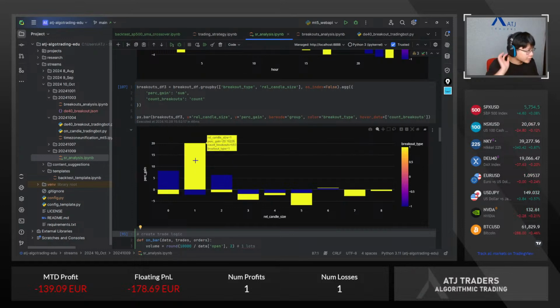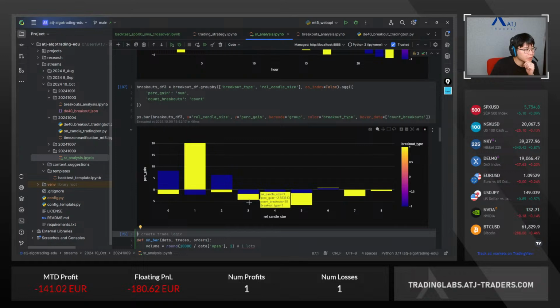So here the relative candle size, if it's a bullish breakout, then anything that has a relative size of 1 or 1 point something is bullish, and every other bullish breakout is bad, right? So the higher the relative candle size, the bigger the breakout, and the more likely it is that there will be a retrace.